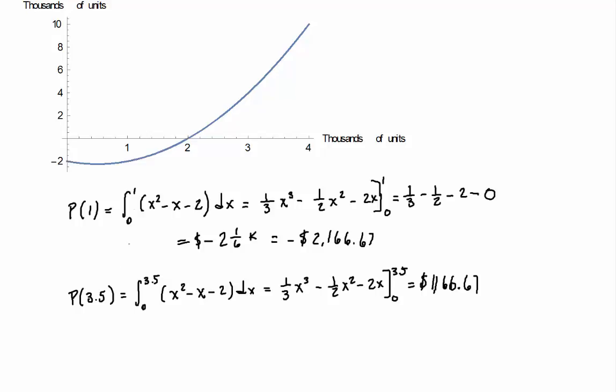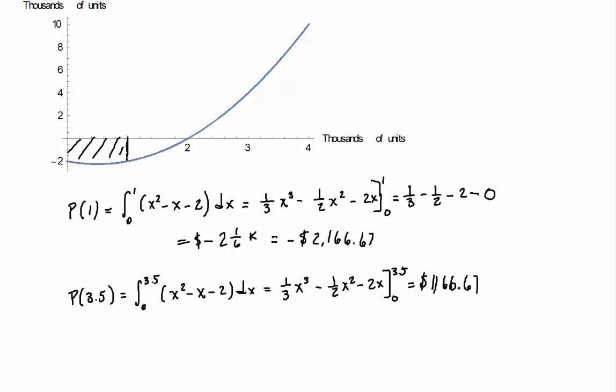So what this is telling us is that at first, the profit is going to be the area under the curve, but it's going to have a negative sign as you are below the x-axis.